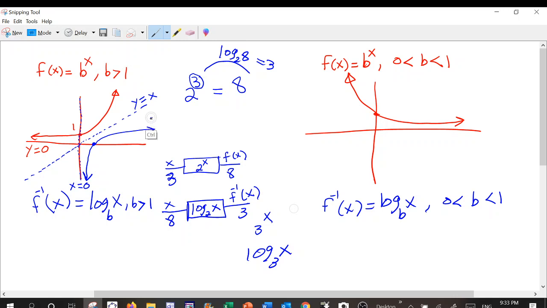So this blue graph is the graph of families of logarithmic functions with the base greater than 1, including the two celebrity members, log base e of x and log base 10 of x.